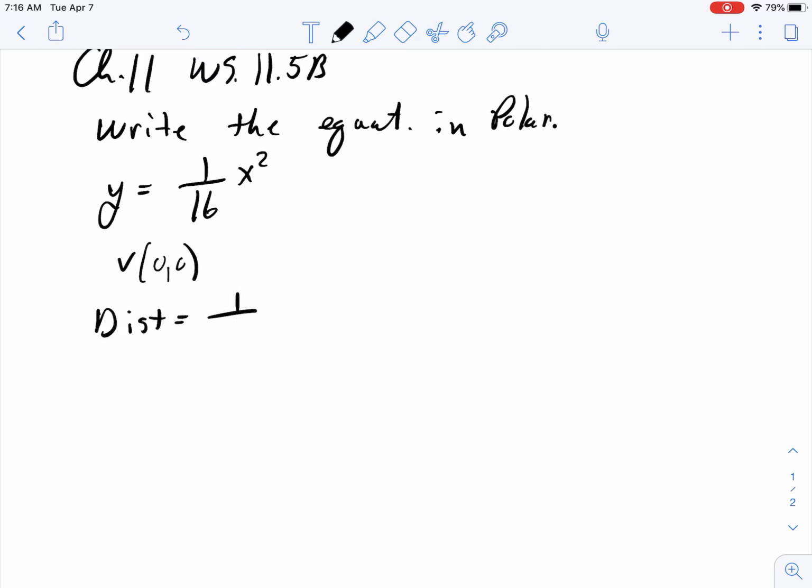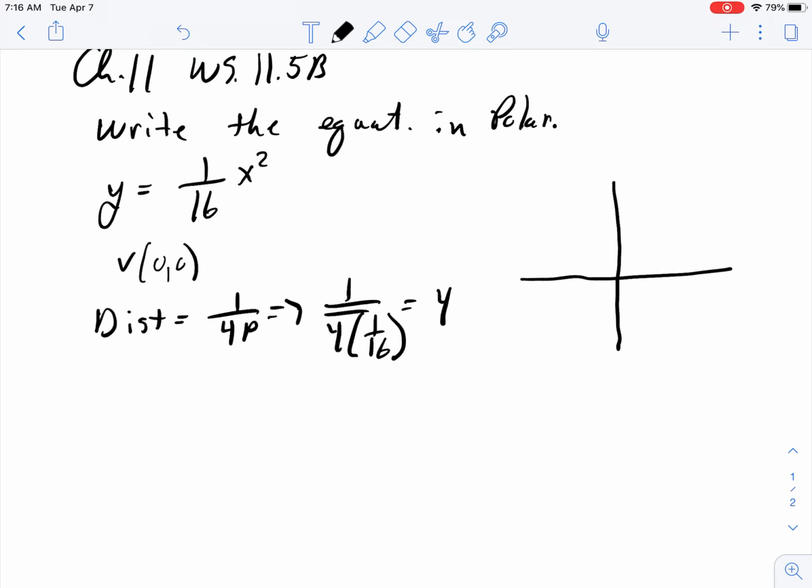And to find your focus, your distance is found by 1 over 4p, which implies 1 divided by 4 times 1/16, and that would give us 4. If we stop there and graph it out, you have 0, 0, and since it's 1/16, it's going to be really wide open.